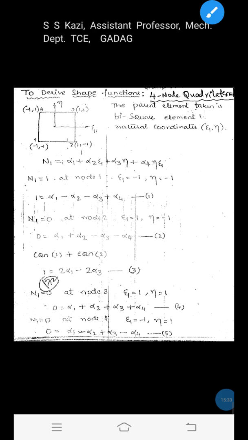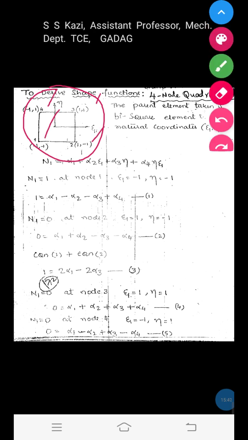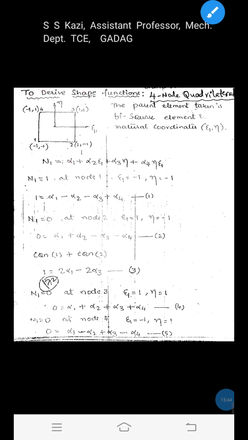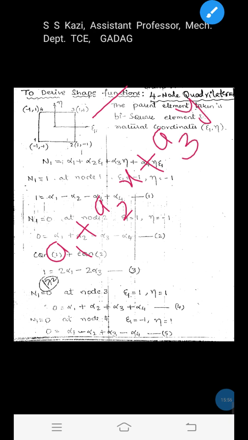Okay, in this method, first draw the sketch of the element as we discussed on the previous page, and write all the coordinate values. After that, let us assume the interpolation function or displacement function for the 4-node quadrilateral element. We know that it is given by a1 plus a2 x plus a3 y plus a4 xy.